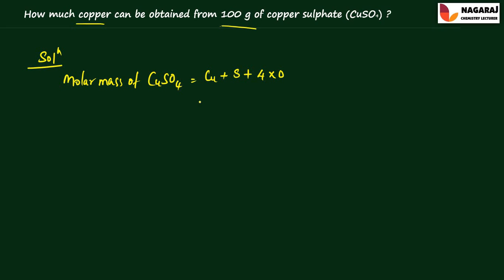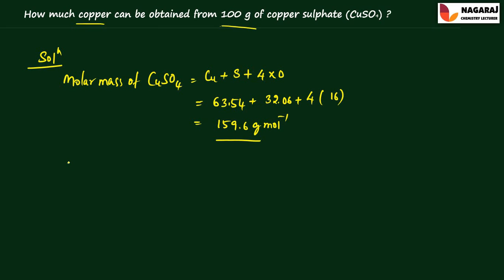So atomic mass of copper is 63.54 and atomic mass of sulfur is 32.06 plus 4 into atomic mass of oxygen, so it is 60. So that is equal to 159.6 grams per mole. The unit for the molar mass is grams per mole.